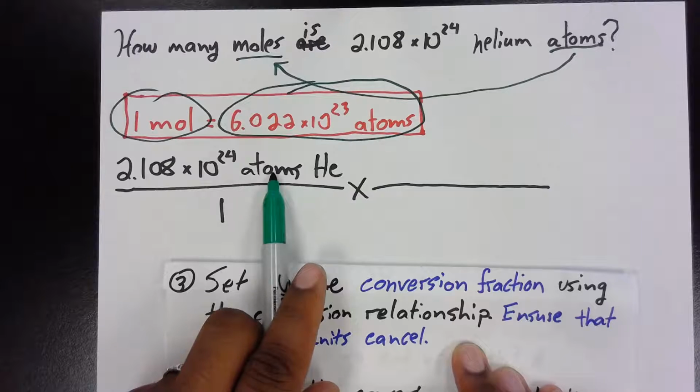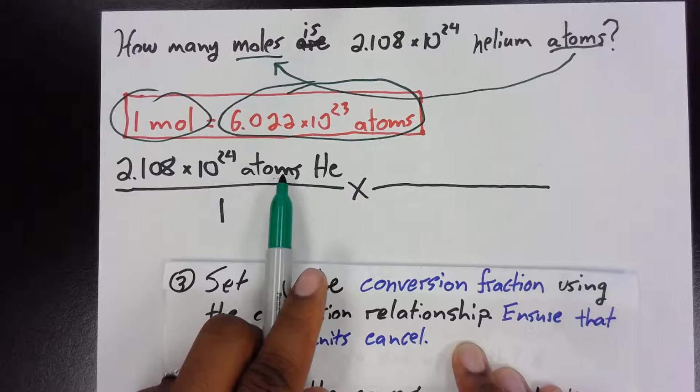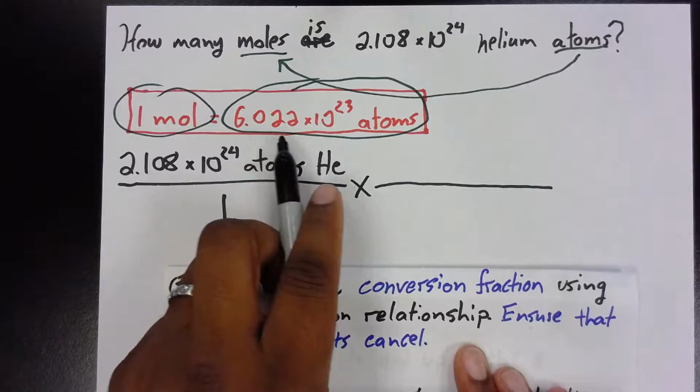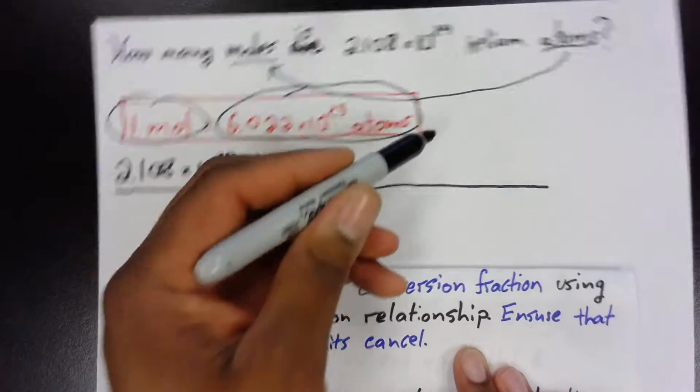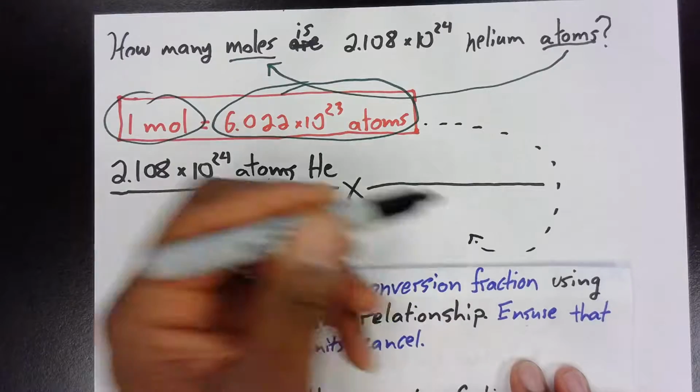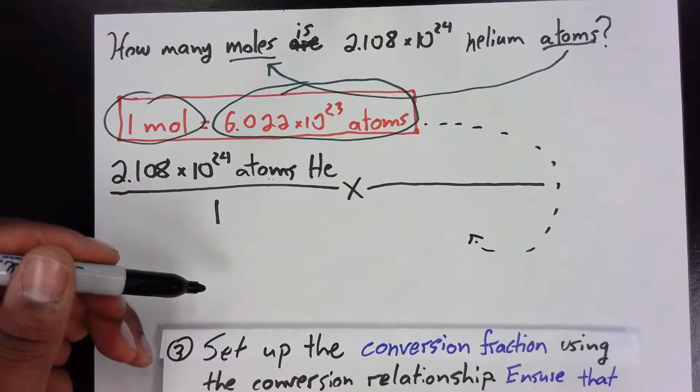I have atoms on top. Now, in order for the conversion to work, atoms needs to cancel out. The only way that I can get atoms to cancel is if I take this 6.022 times 10 to the 23rd atoms and put it down there on the bottom, that way it's going to cancel.